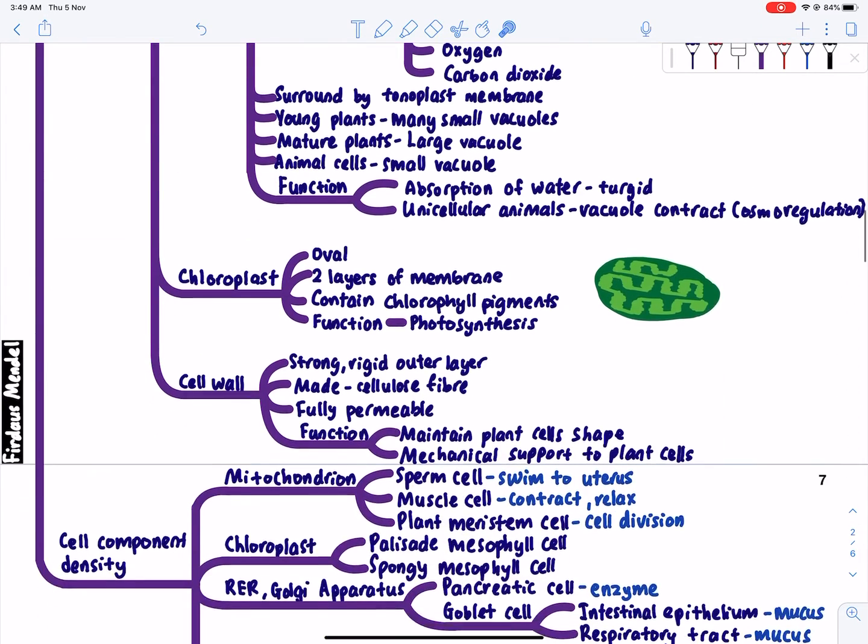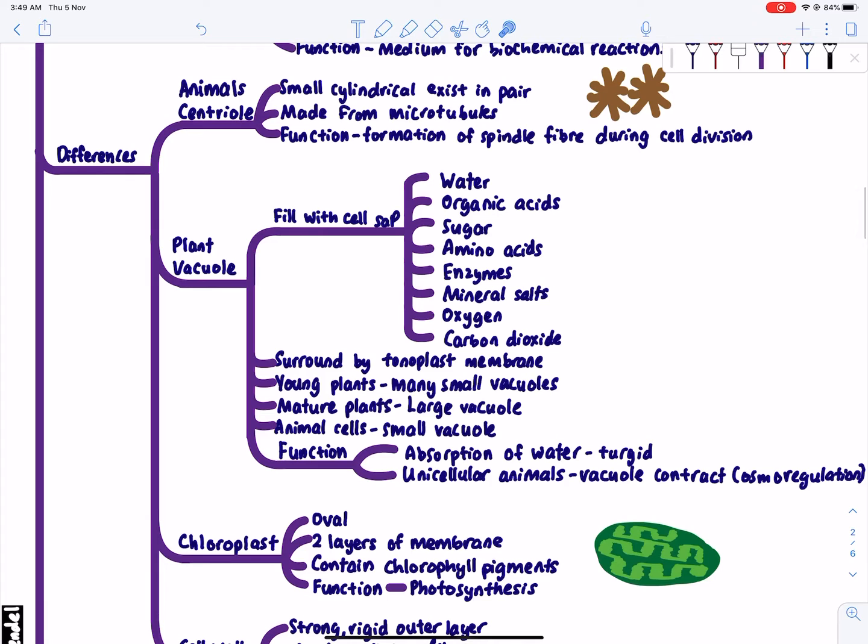And then we move to the plant vacuole. The plant is famously known to have a vacuole. The animal cell does not have a vacuole actually, but the textbook here says the animal cell also has vacuoles, but small. You can turn to page 27.